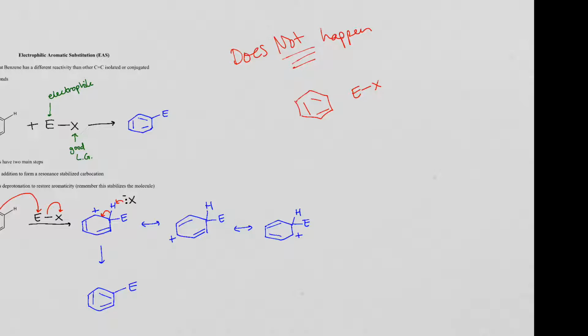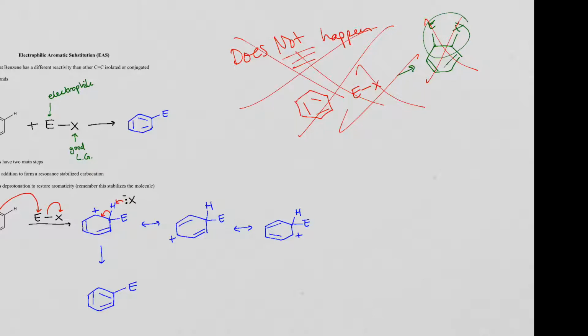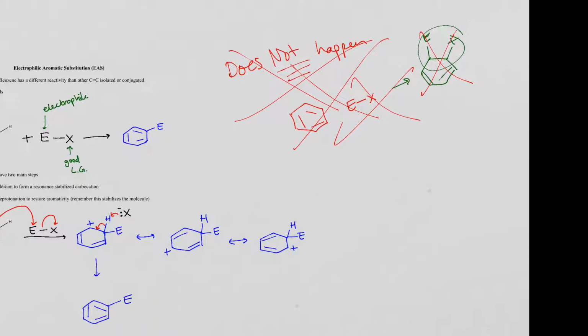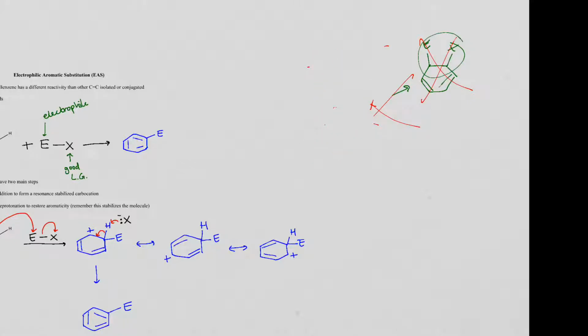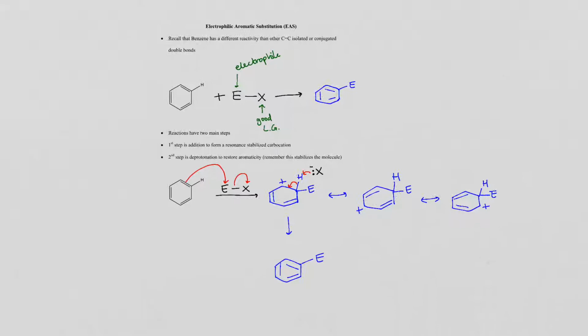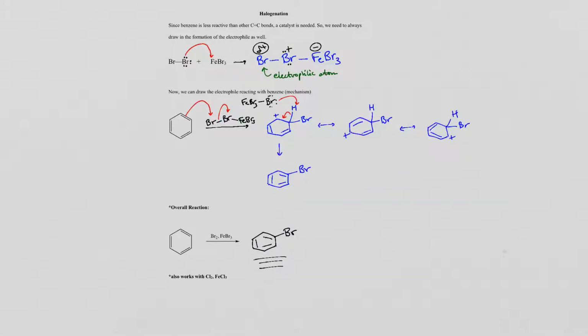This does not add across the carbon-carbon double bond. No, no, no, no. Okay? So, yeah, you are substituting in for a hydrogen. You are not adding across a carbon-carbon double bond like you've done in Orgo 1. So this is not the same type of reaction. Sorry, I just thought that was worth pointing out very quickly.